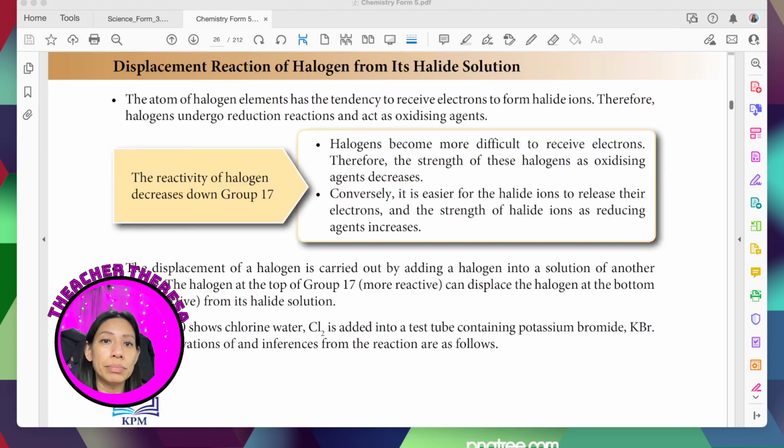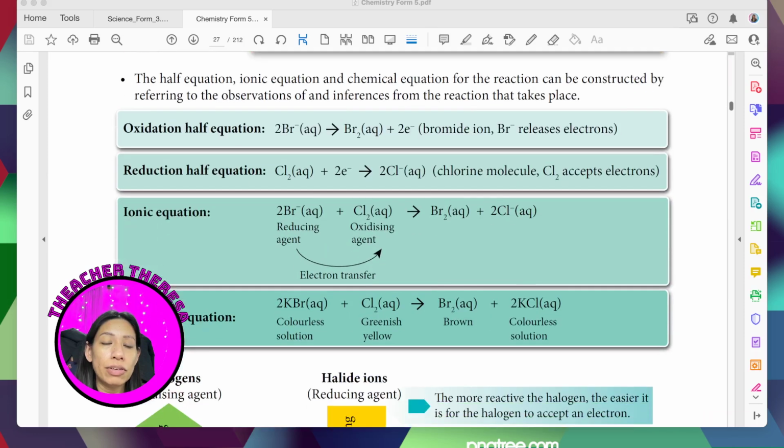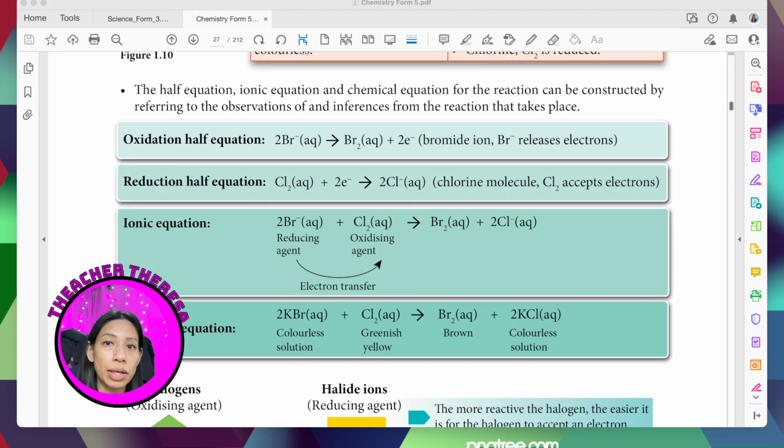Meaning that, if let's say you have two substances, you have chlorine water, and you have maybe potassium bromide. Now, if chlorine is more electronegative, I'm using the word electronegative because chlorine and bromine in group 17 are non-metal.